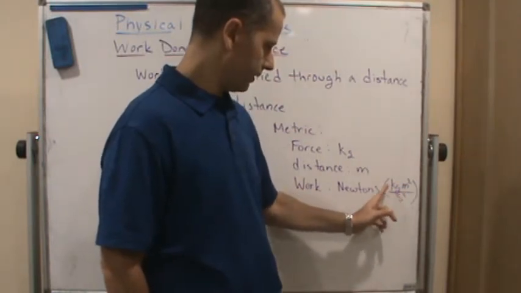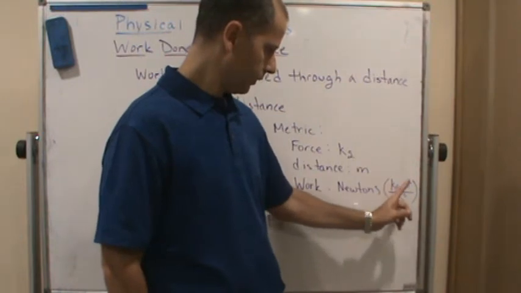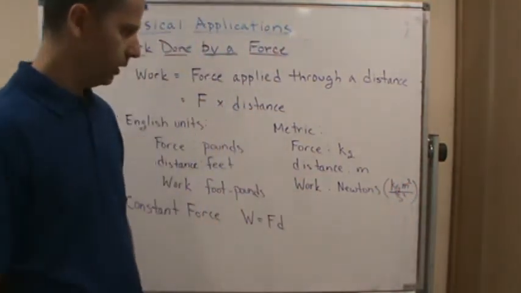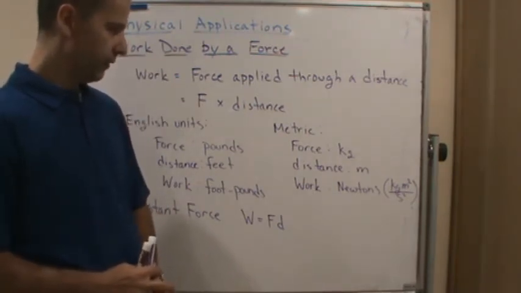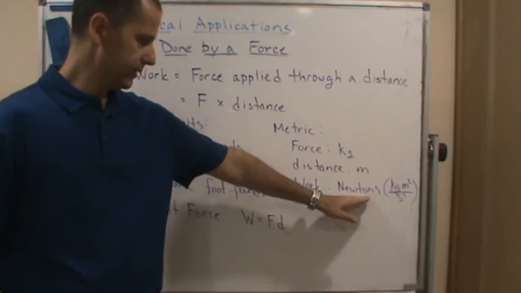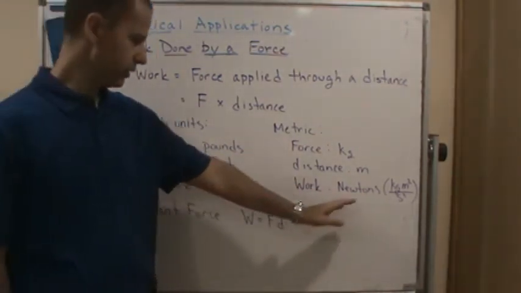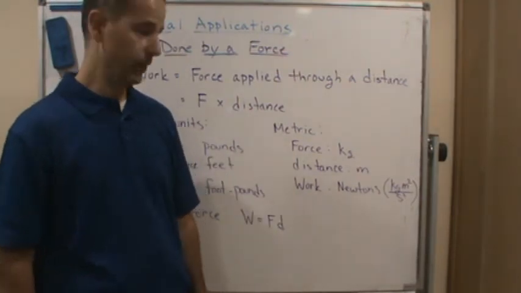That's how we get this here. So we were moving one kilogram of mass, a meter, at a rate of one meter per second squared. And so that's the definition of a newton. So you'll either see newtons or you'll see foot-pounds, okay? But newtons is the most common measurement of force that we use in physics.